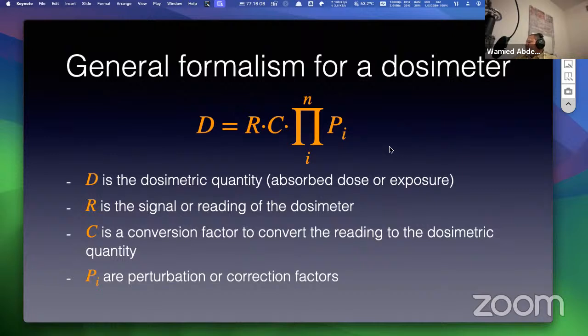That's why we need a KQ factor, which depends on the chamber model as well as on the beam quality. So sometimes these correction factors will be beam energy dependent, or will also depend on the dosimeter itself.